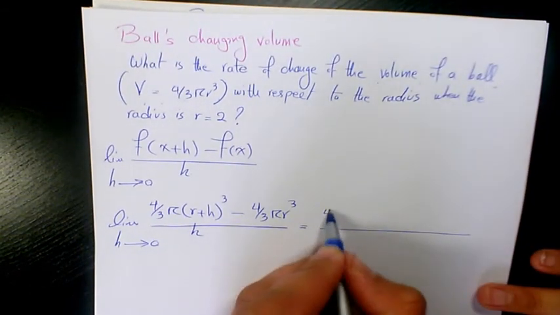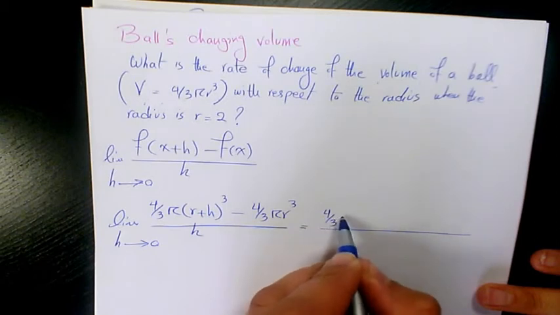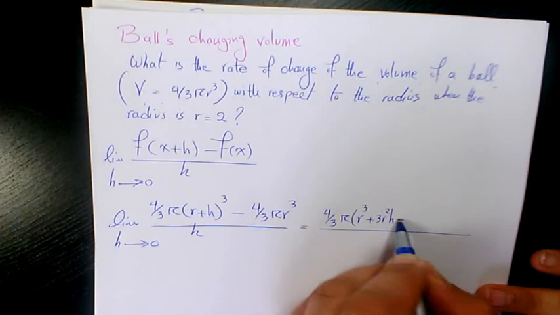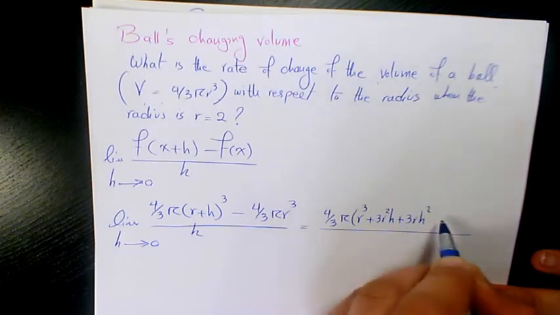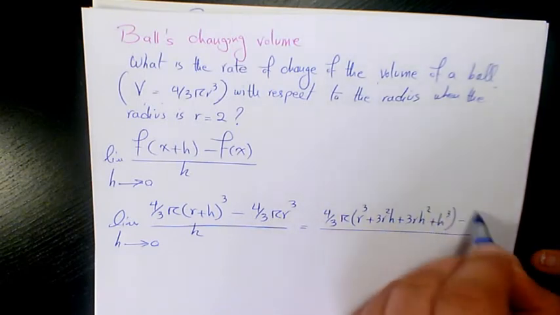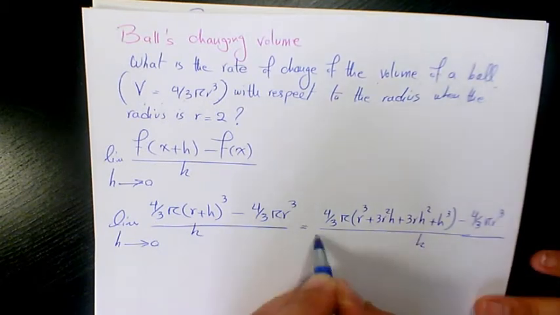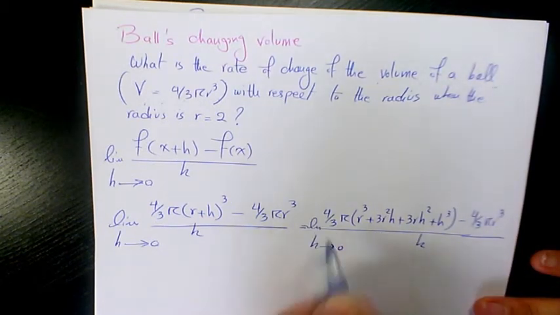So that's going to be 4 over 3 pi (r cubed plus 3r squared h plus 3rh squared plus h cubed) minus 4 over 3 pi r cubed divided by h when h is approaching 0.